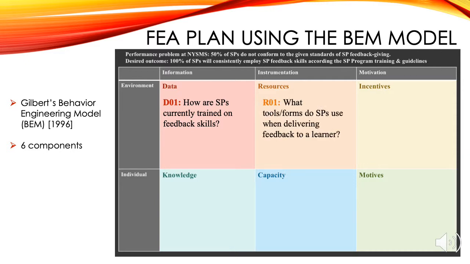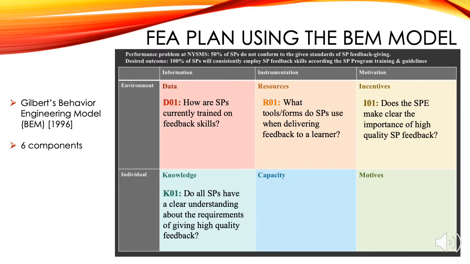In the resources box, R01 is, what tools or forms do SPs use when delivering feedback to a learner? I01 in the incentives box is, does the SPE make clear the importance of high-quality SP feedback?